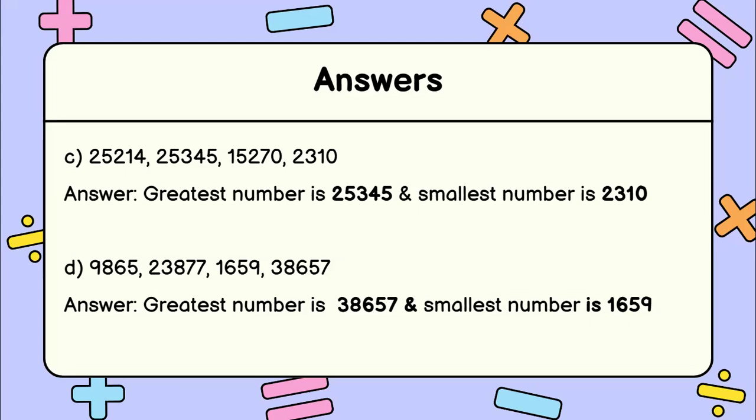So, the greatest number will be 38,657 because the rest three numbers, 9,865 and 1,659, only have 4 digits, and 23,877 is smaller compared to 38,657. So, the smallest number will now be 1,659.